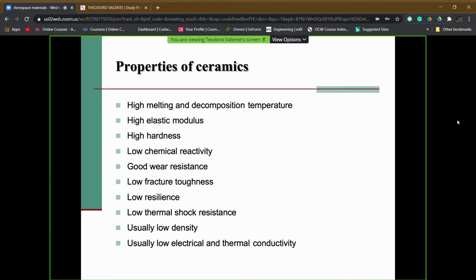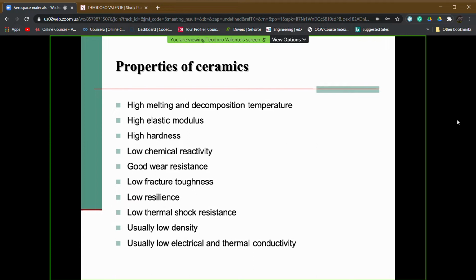Due to the bond between the atoms, they do have also high elastic modulus. Generally speaking, the Young modulus of ceramic materials is higher than that of metallic materials, and obviously of polymeric materials also.